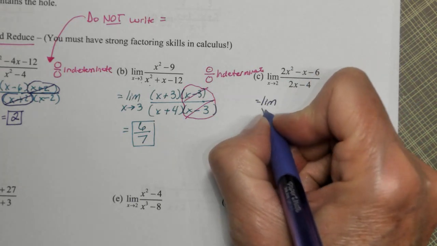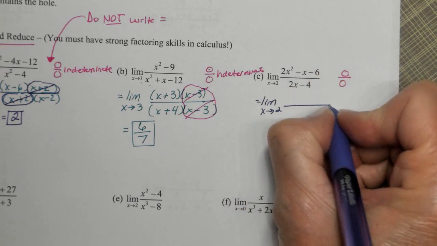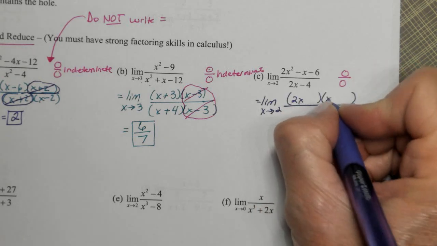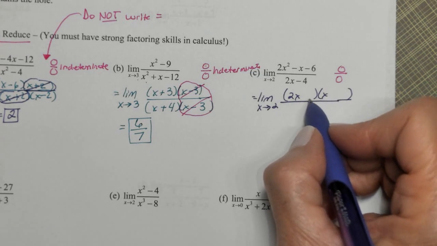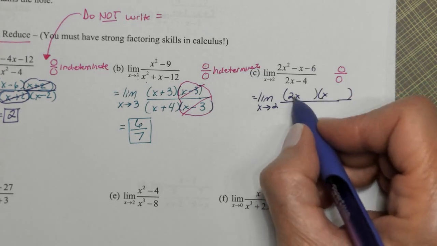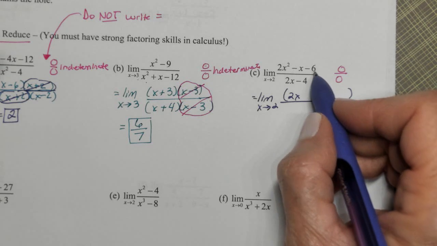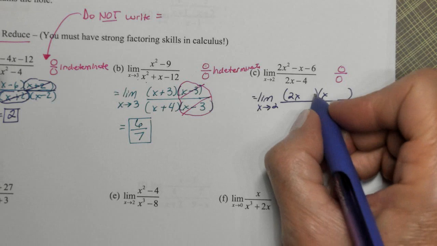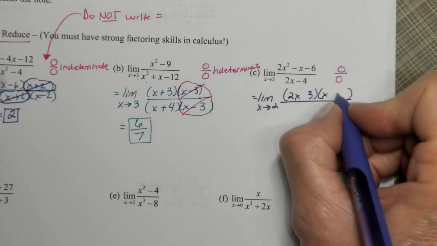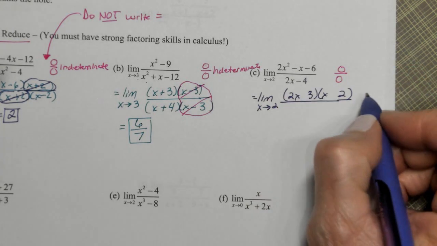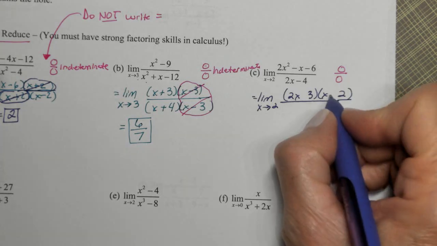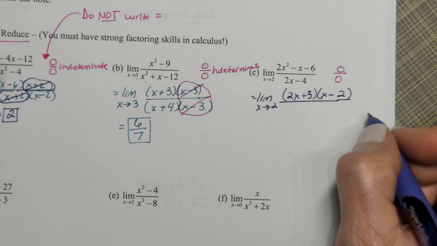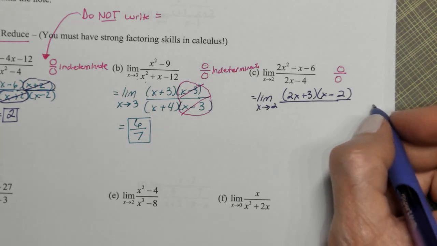This is equal to the limit as x approaches 2 of, time to factor, 2x and x. We might have to play with this a little bit because we have this 2 out in front, but either a 2 and a 3 or a 6 and a 1, right? I think we're going to need a 3 and a 2 because I want to subtract to get a 1 here. This one needs to be a minus, this one needs to be a plus. Again, you have to have really good, strong factoring skills for calculus.